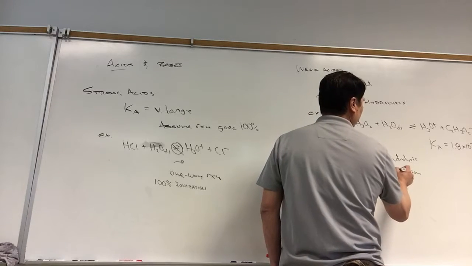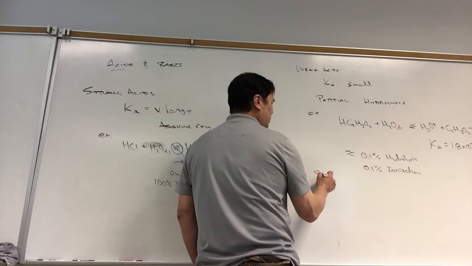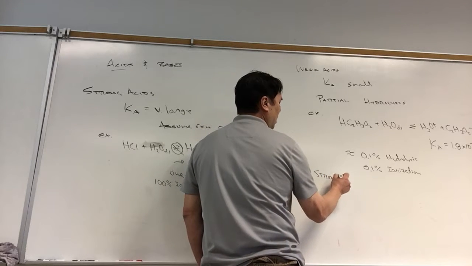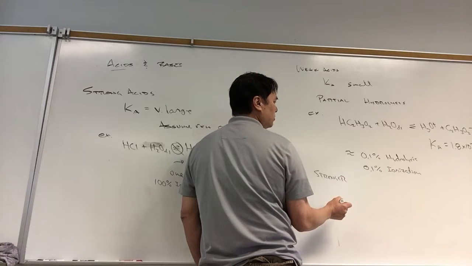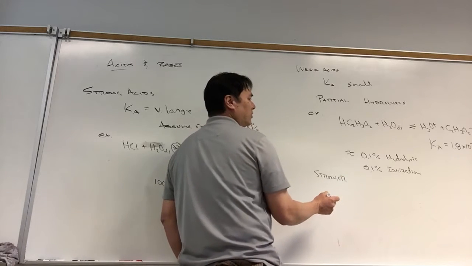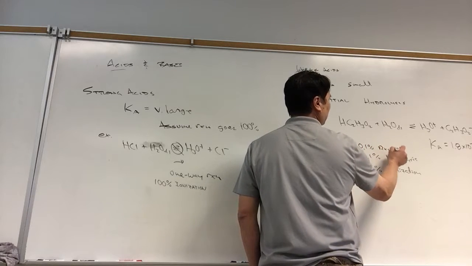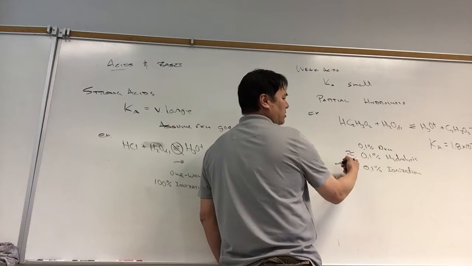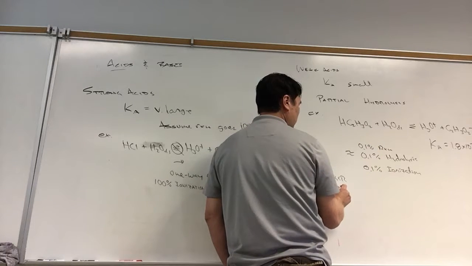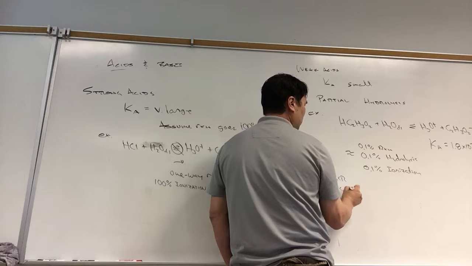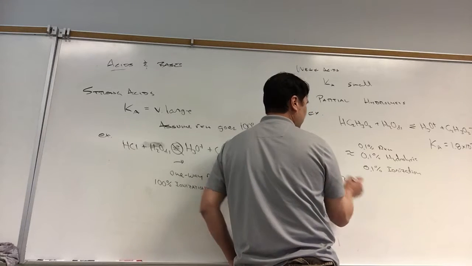And so for acids, we often use the term ionization. And so the stronger the acid, the higher the percent reaction is, or percent hydrolysis, or percent ionization. Actually, they're all the same, 0.1% reaction, which is the same as hydrolysis, which is the same as ionization for this particular reaction. And so the stronger the acid, the greater the percent ionization.